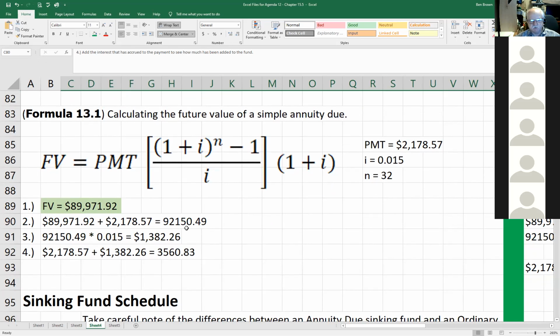So this is the amount that will be accruing interest. The third step is to actually calculate the interest. So this is the amount of interest that will be added. And then we have to add the interest to the payment to see how much we're adding to the fund. So we had to do all those steps.